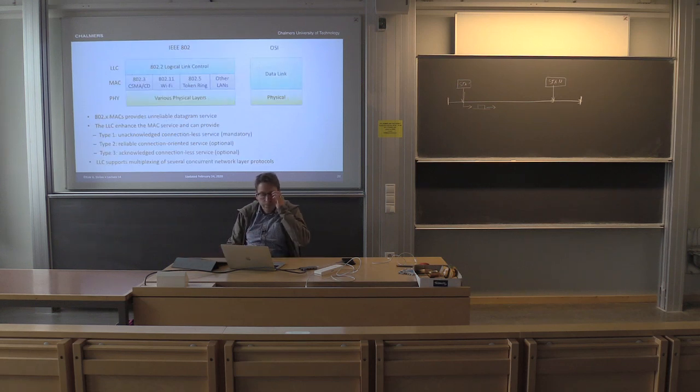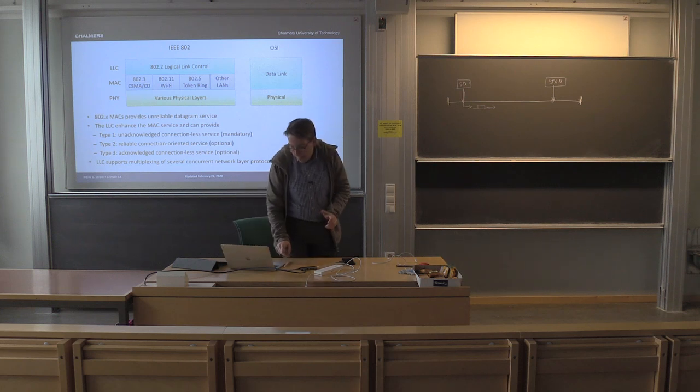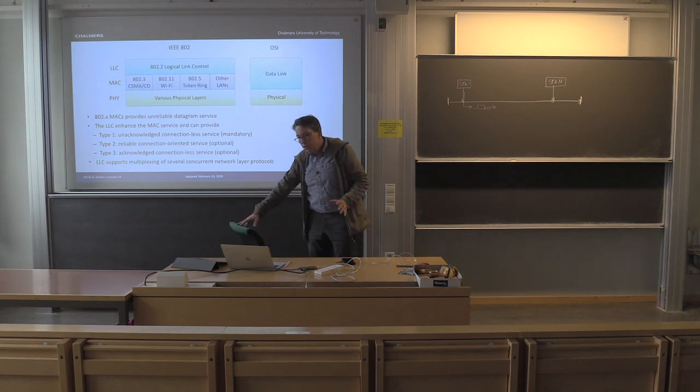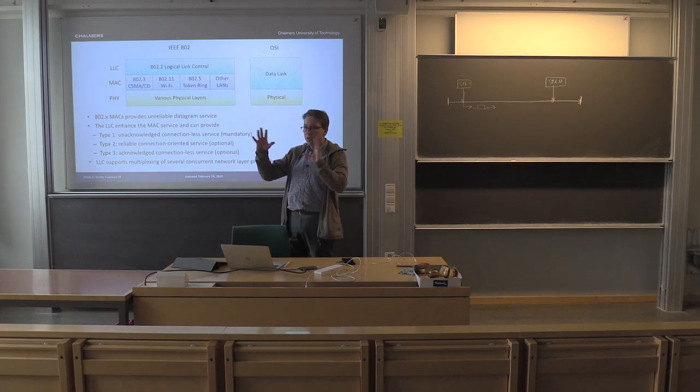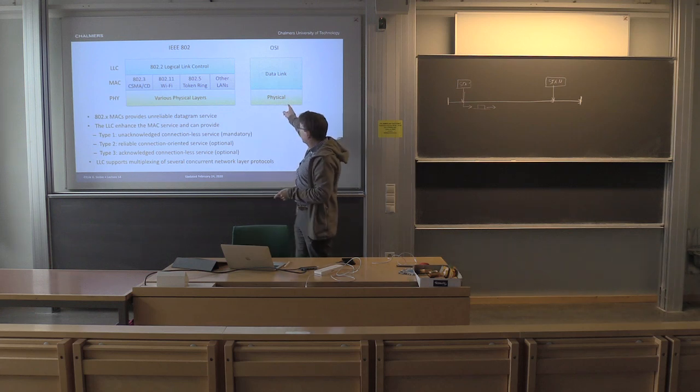So now, if you remember, in the beginning of the course, we talked about the OSI model. The OSI model is this theoretical construction where everything is very clean, everything is well-defined protocols and interfaces between them. So these are theoretical constructions. There are not many practical protocols which are OSI protocols.